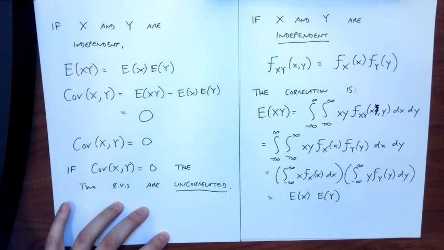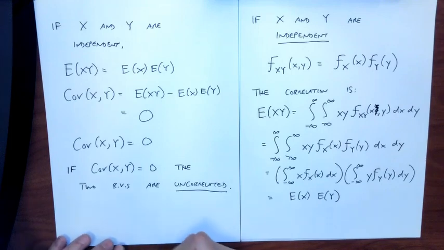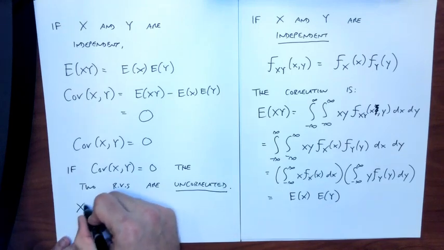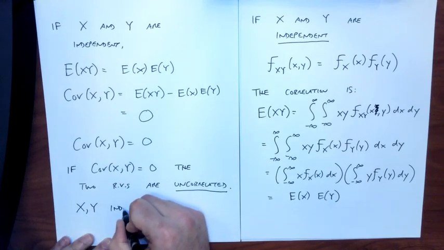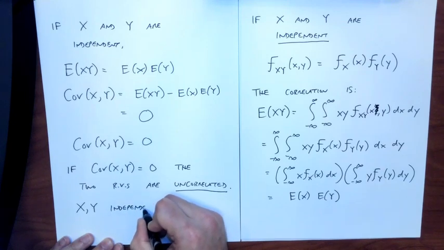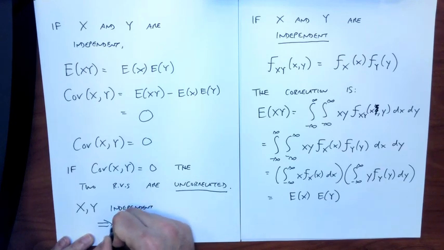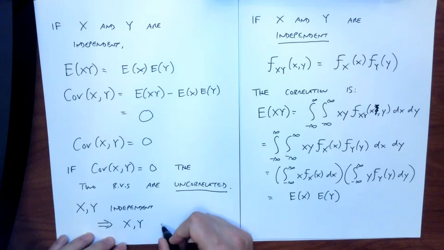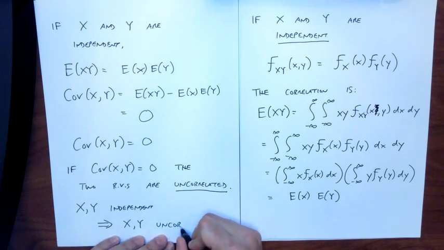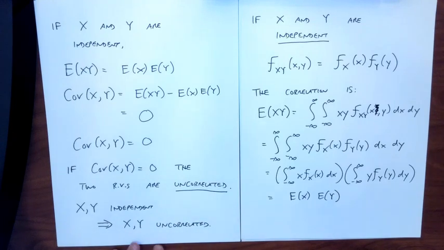Okay? So what did we just show? We showed that x and y being independent implies that x and y are uncorrelated. Okay?